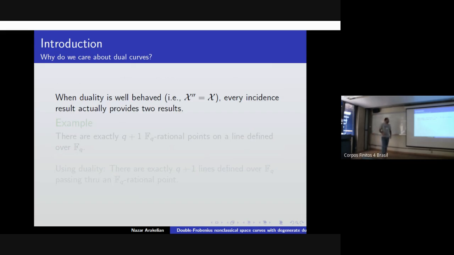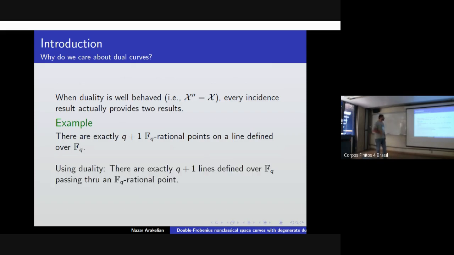Okay. The simplest example I know is this one. You take a line defined over F_q, it has q plus 1 F_q-points. So using duality, through an F_q-rational point, you have q plus 1 lines. Okay. Only using this correspondence. And it's interesting to know when this type of results hold.